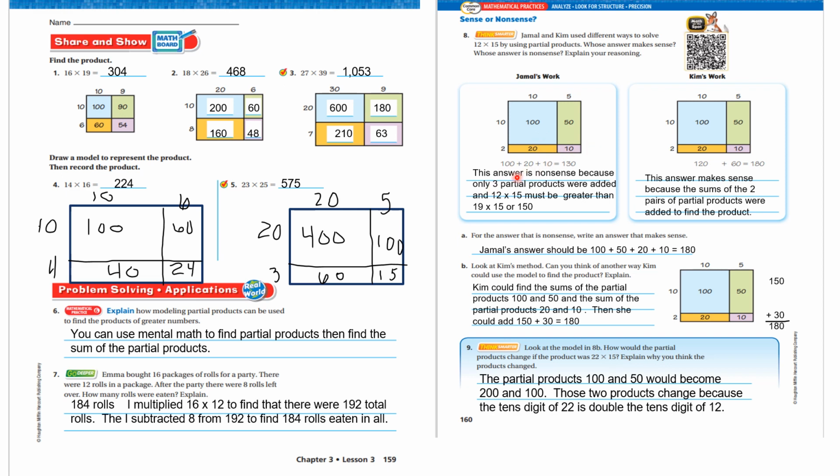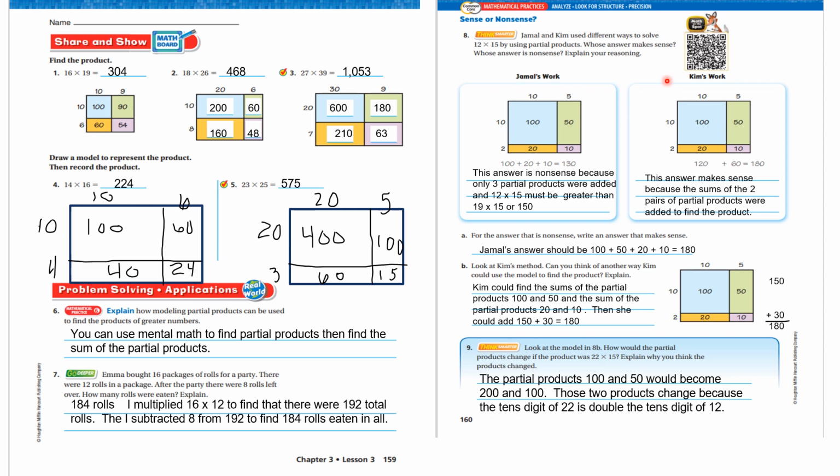He says 100 plus 20 plus 10 equals 130. Is that correct? No, he didn't add that 50. So his answer is nonsense because only 3 partial products were added. 12 times 15 must be greater than 10 times 15, or 150. He forgot to add that 50 there.